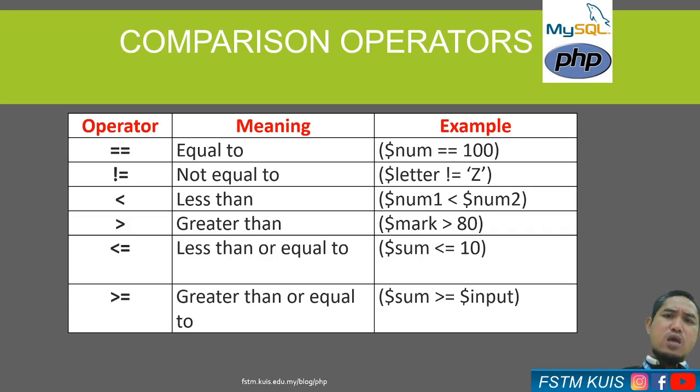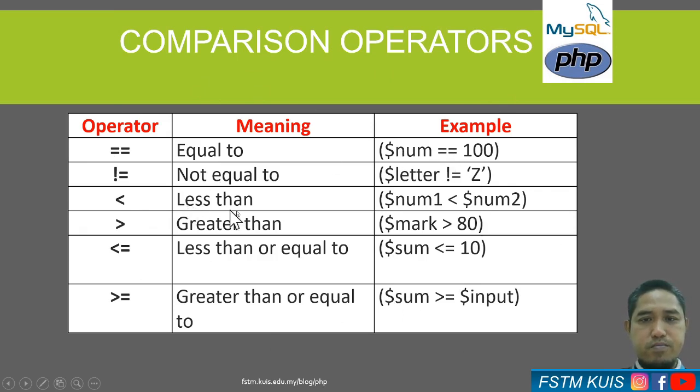As long as the content of num is 100, if you compare it with another value of 100, it will result in true. So this comparison operator will provide the value of true or false.